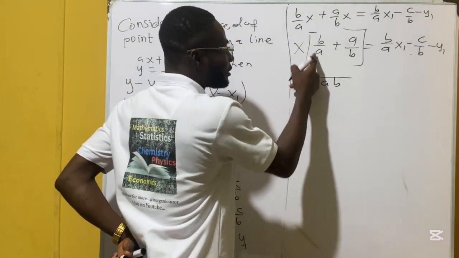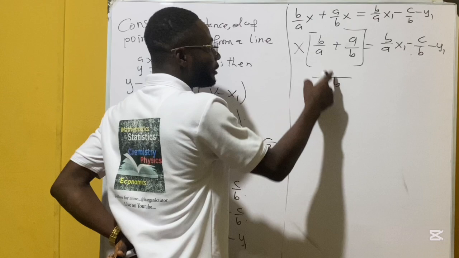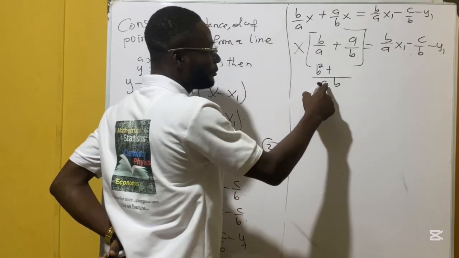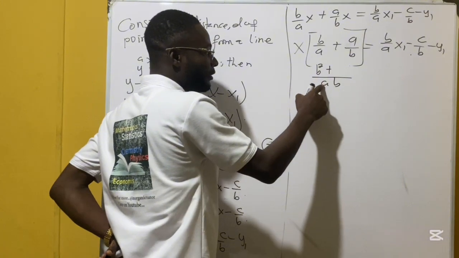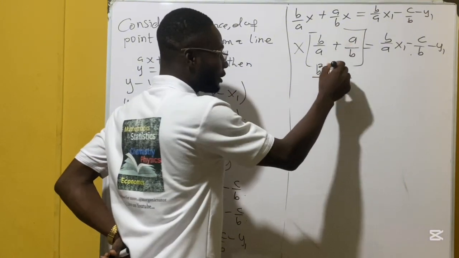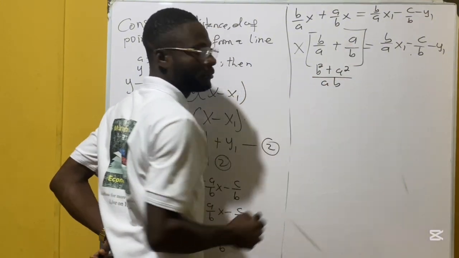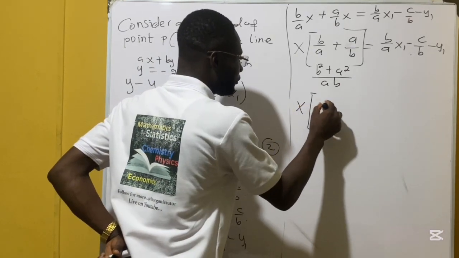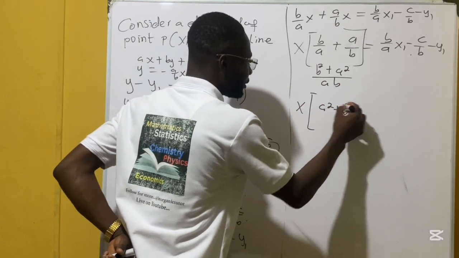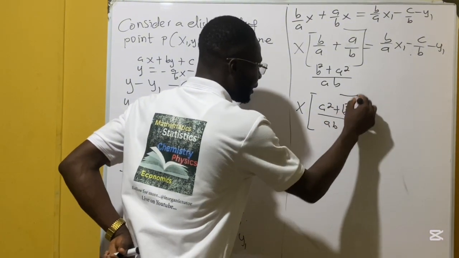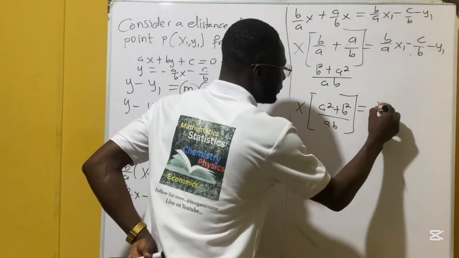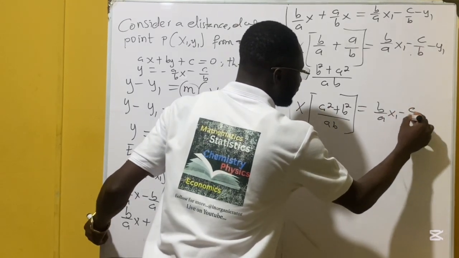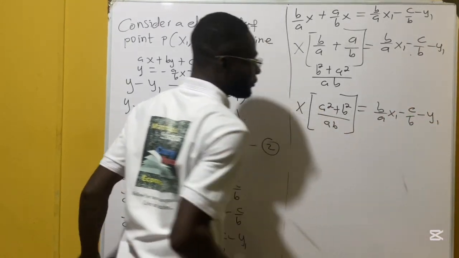So this cancels this. We're going to have B times B, and that's going to be B squared, plus this cancels this. So we're going to have A times A, so it's going to be A squared, right? So we're going to have x into A squared plus B squared over AB, and that is equal to b over a x1 minus c over b minus y1, right?